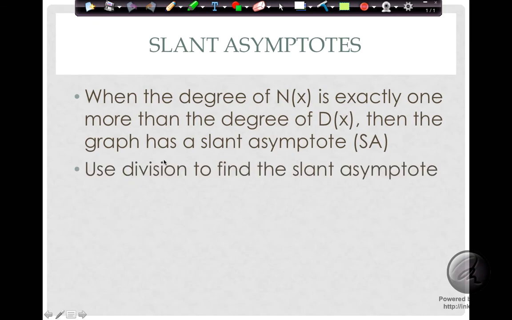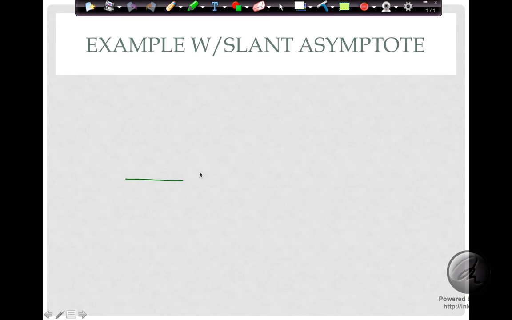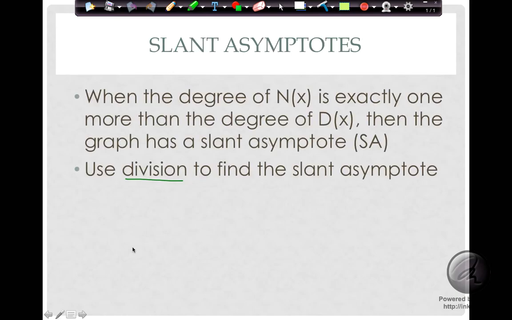What we're going to do is we're going to do the stuff that we did from last chapter. So we're actually going to do some long division to figure out what the slant asymptote is, and we're going to graph that slant asymptote. So in this case, we don't have horizontals, but we have a slant asymptote.